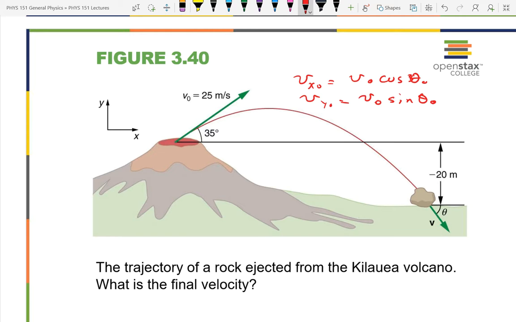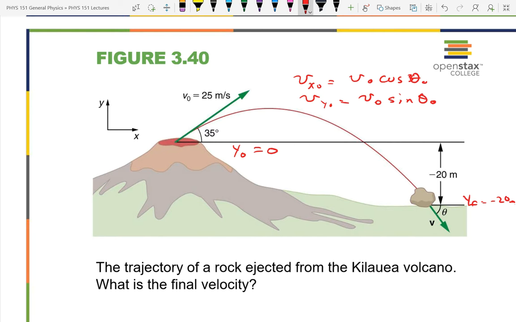Remember, we break it into two different problems, the horizontal problem and the vertical problem. And now in this vertical problem, we know, let's say y initial is equal to 0, so y final is equal to minus 20 meters. We know those two numbers.